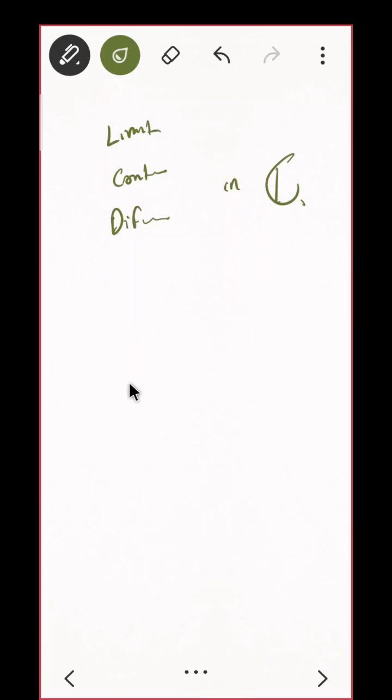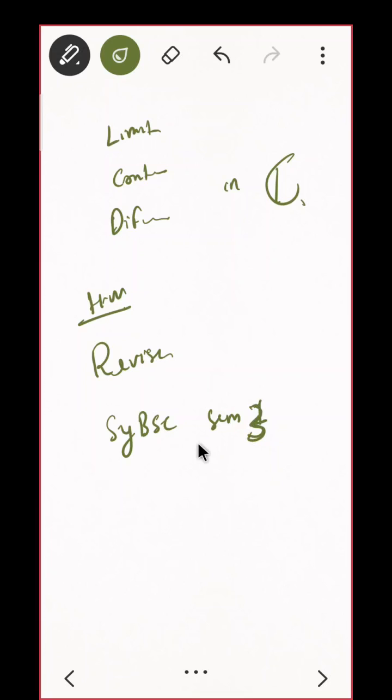Now from the next lecture I will be doing this limit, continuity, differentiability in C. Okay, so homework is revise your SYBSc sem 1, oh sorry, sem 3. लिमिट, कंटिन्यूटी, डिफरेंशियबिलिटी का डेफिनेशन देखना उधर कैसे हुआ है, then we'll do that. Okay then, thank you so much.